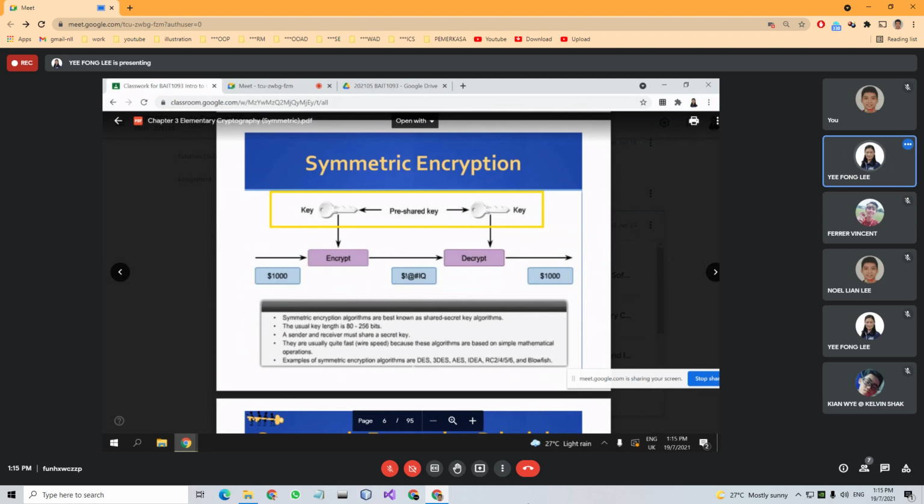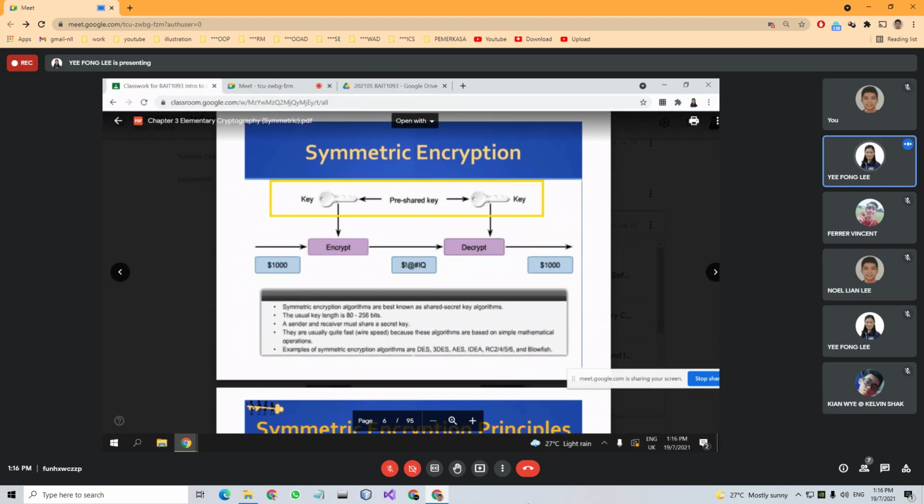Both sender and receiver use the same key in a communication, only one key. Because they use one single key for both, that is why it is called symmetric. You know symmetric, right? Just like when you look at a mirror, the mirror is the boundary, and your physical self and your reflection are actually the same. That is why symmetric encryption means the same key for both sender and recipient.